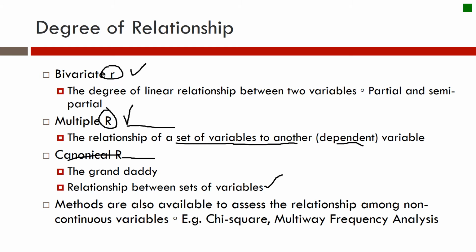Okay, so this can be a little bit of a challenge because the complexity, of course, grows. But when we're looking at multivariates, this is our home right here when we look at canonical and multiple R scenarios.